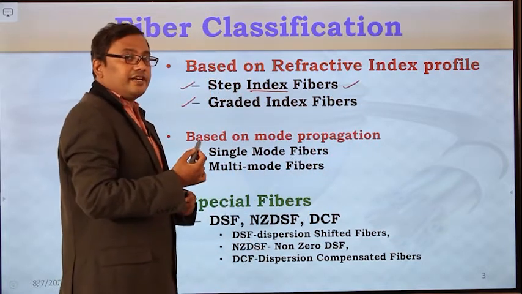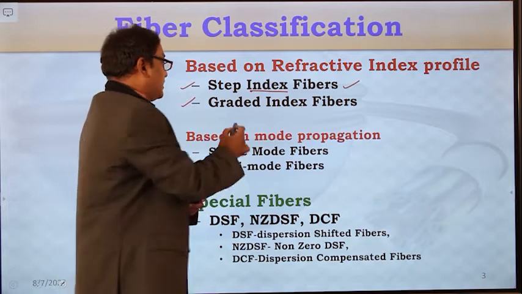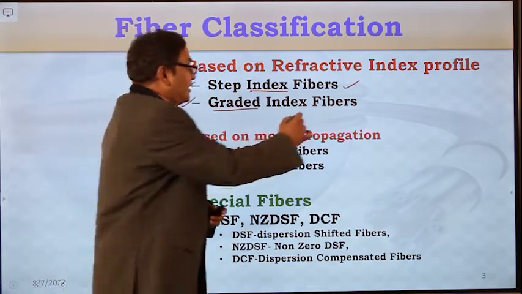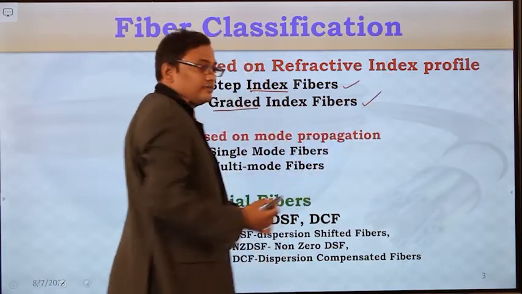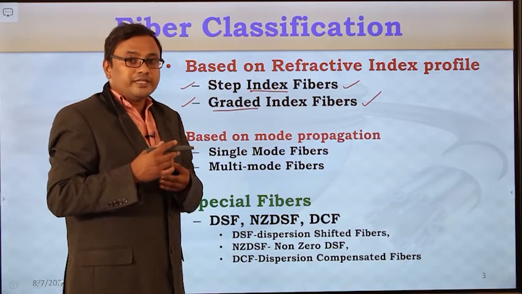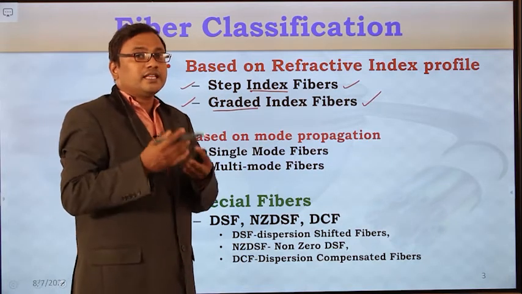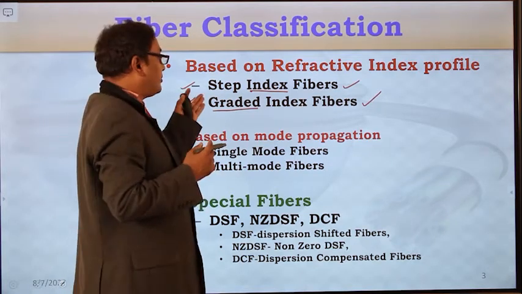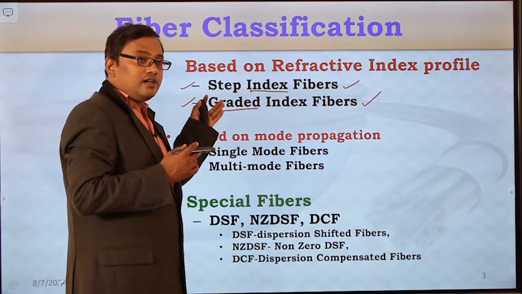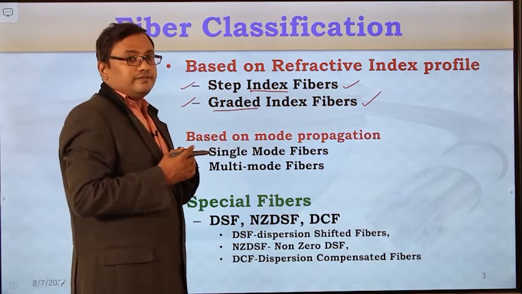And if the refractive index of the core varies gradually, then that fiber is the graded index fiber. So how the refractive index of the core medium is varying, based on that parameter, optical fiber cables are either classified as step index fibers or graded index fibers.